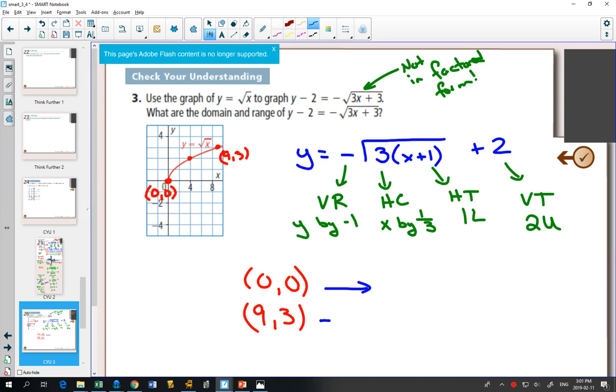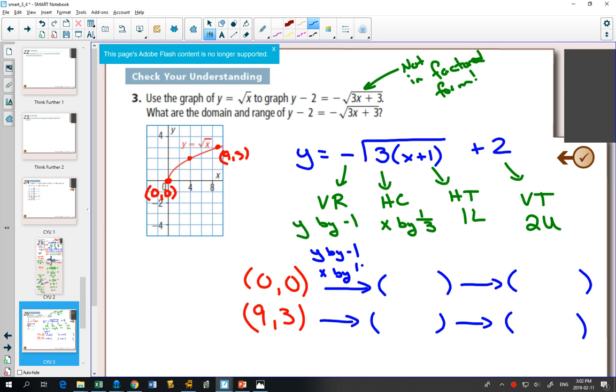Now we set up our arrows first, stretches and compressions, then translations. And in doing that, we can label above here, well, I'm going to have to multiply y by negative 1 and x by 1/3. And here I need to move 1 to the left and 2 up. And so what happens to my points?